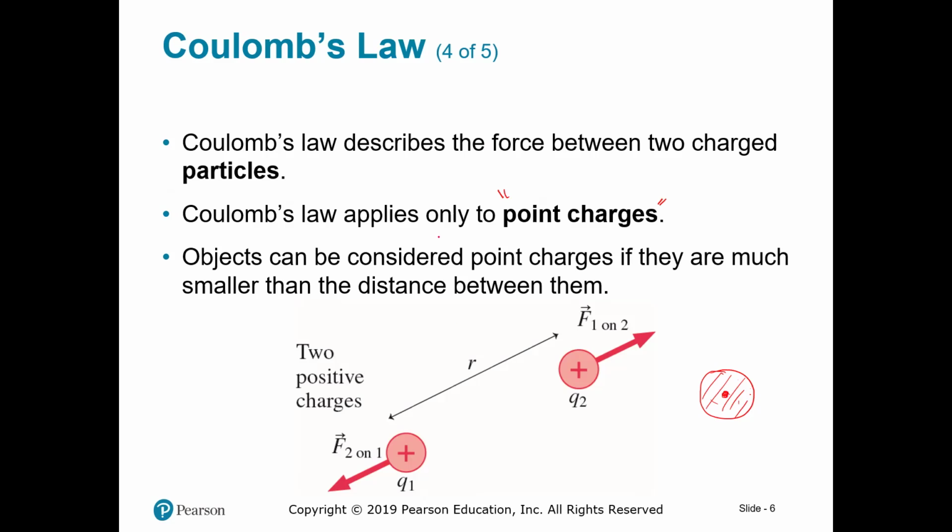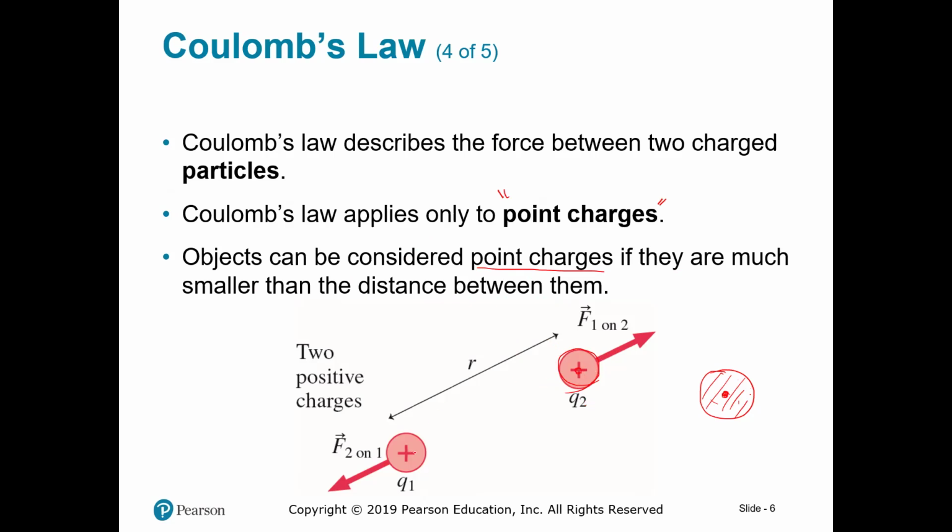Right? So objects can be considered point charges if they are much smaller than the distance between them. You can assume this is just a point, even though sometimes you draw it as a big sphere, and all charges are located at the point.